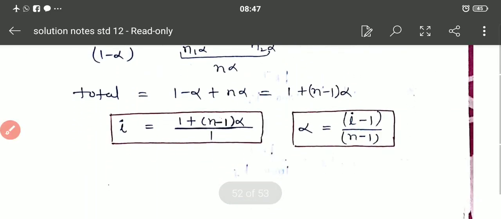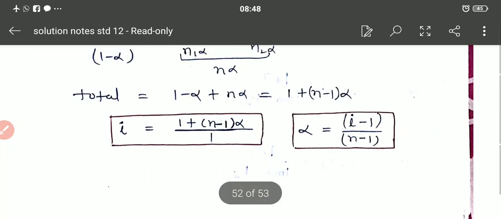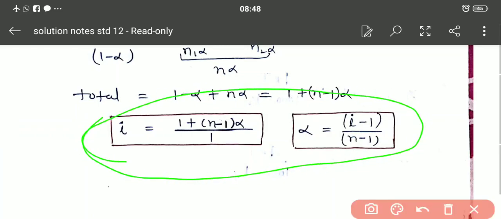So i is equal to what do I get? i is equal to 1 plus (n minus 1) alpha, that is total produced upon 1. So we get alpha is equal to... if we simplify this equation, we get alpha is equal to i minus 1.